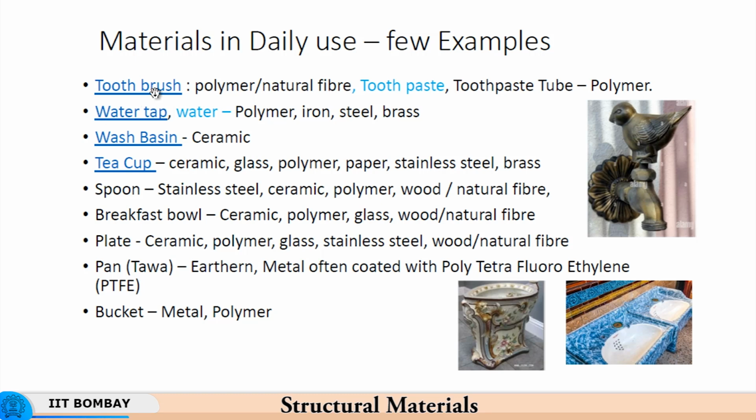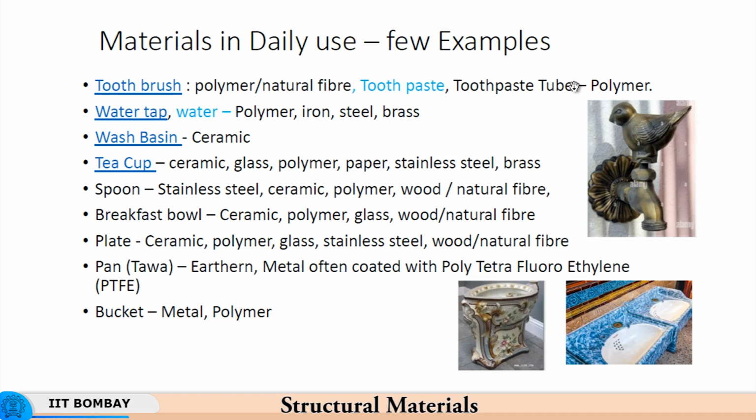For example, in the morning you get up, use a toothbrush. It is made of polymer or at times natural fiber if you use a datun type of thing. So, it is like a natural fiber. Toothpaste is another material which is artificial material.